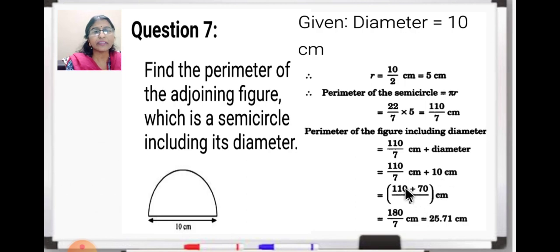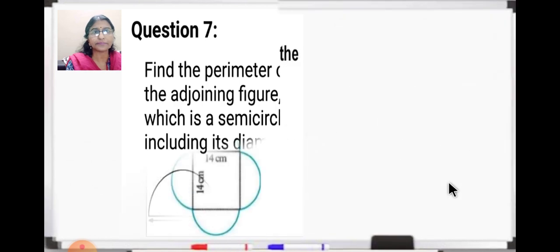So in the numerator, 110 plus 7 into 10 is 70, and then we add these. You will get 180 upon 7 centimeter. And then, if you want, you can convert it into decimal. So when you convert it into decimal, you will get 25.71 centimeter. So this is the way you have to solve question number 7.